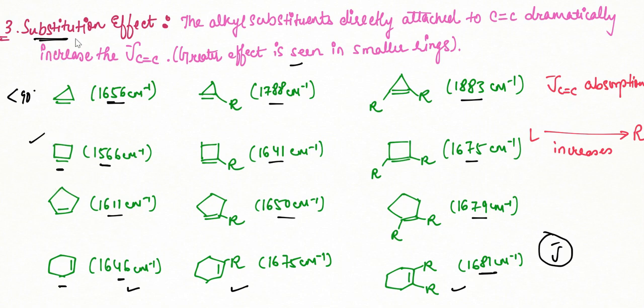And now we have seen the substitution effect, that in whichever alkene system we are taking, it can be 6-membered, it can be 3-membered, if we are putting alkyl groups on the carbon-carbon double bond, then definitely it is going to increase the force constant value. So this is what you have to remember.